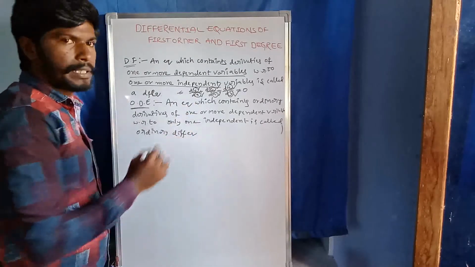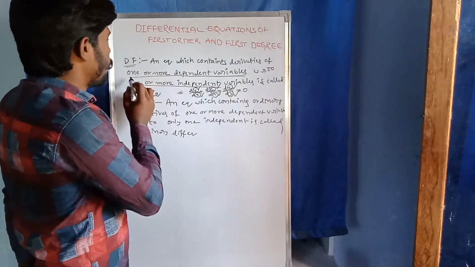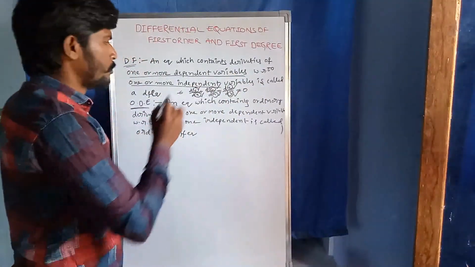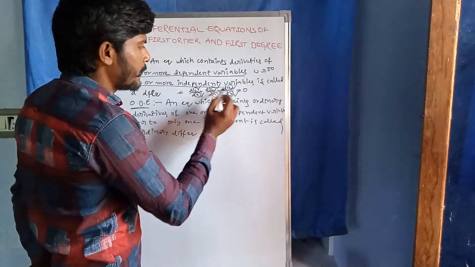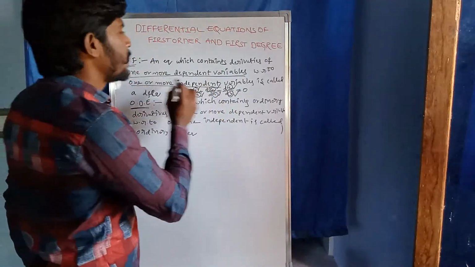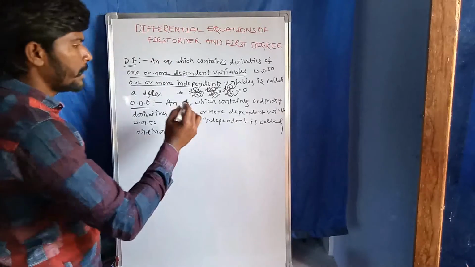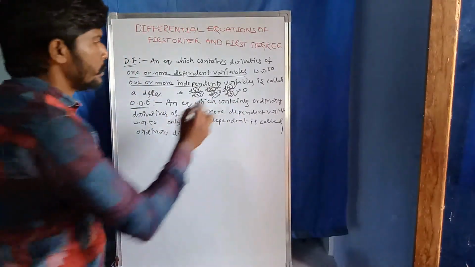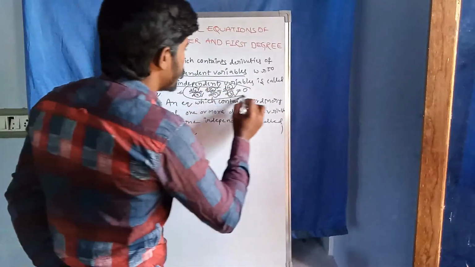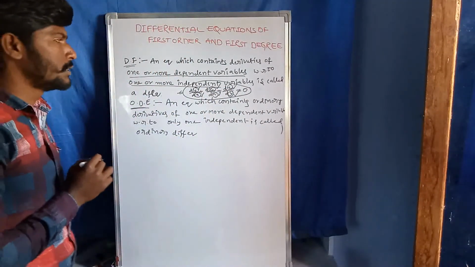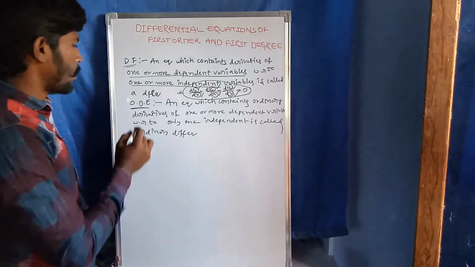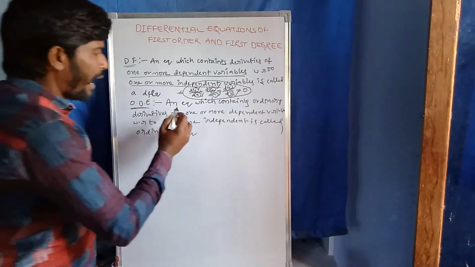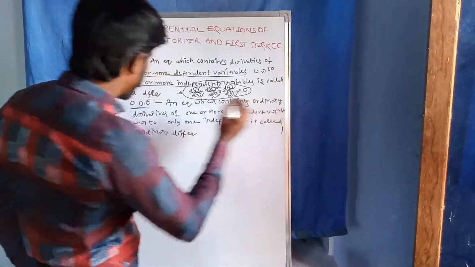So y, z, x are the dependent variables, and x, y are the independent variables. So this is a differential equation.